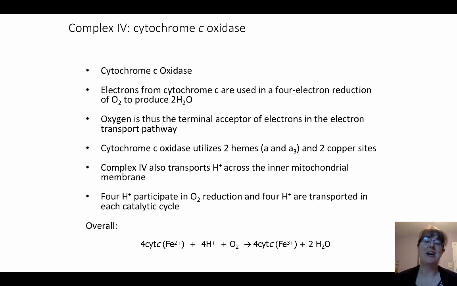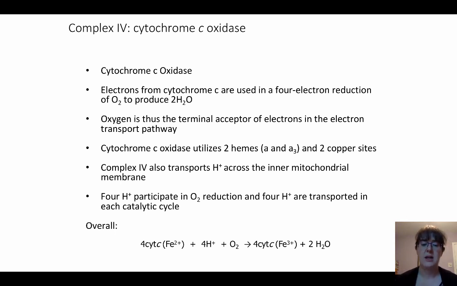So that cytochrome C oxidase is going to utilize 2 hemes, A and A3, and 2 copper sites. Complex 4 is going to be transporting protons across the inner mitochondrial membrane. So you're going to have 4 protons participating in oxygen reduction, and then 4 more are going to be transported in each catalytic cycle.